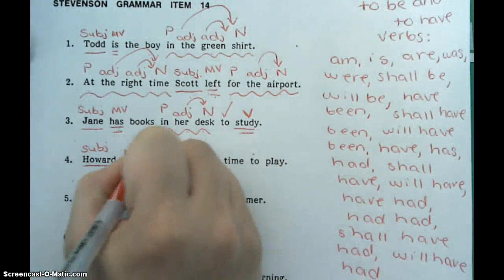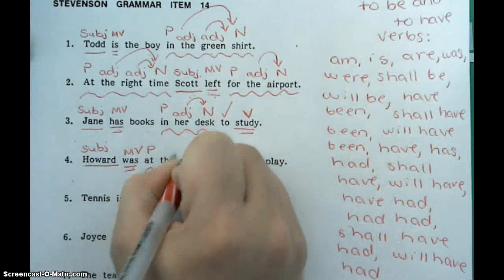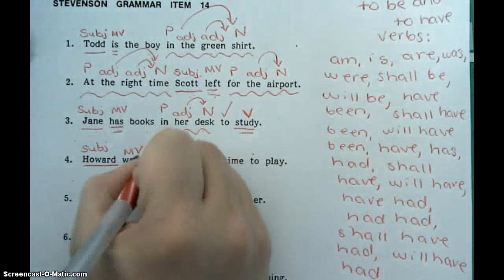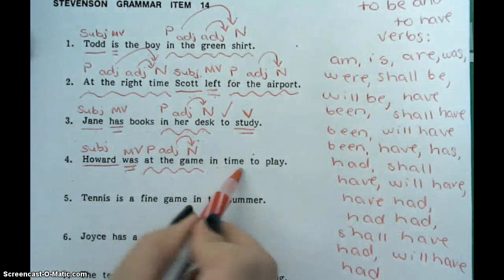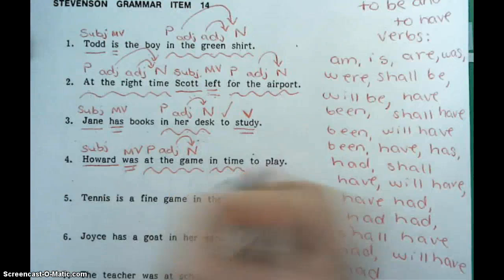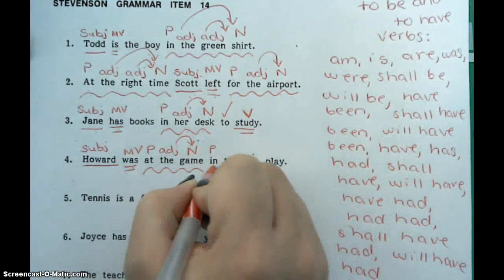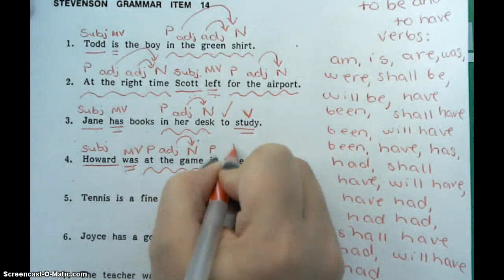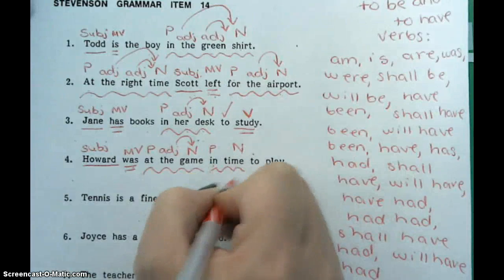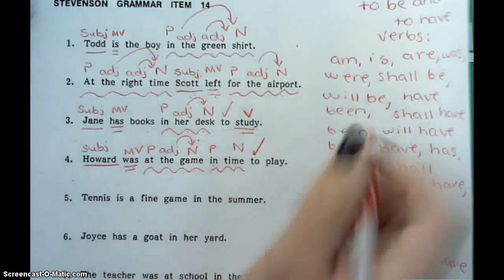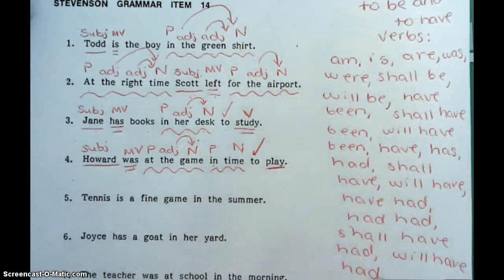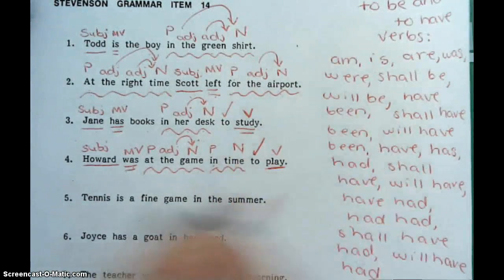I'm going to put P for preposition, N for game, for noun, and then the is my adjective. In time is also a prepositional phrase. P for preposition, for in, noun is time. To play is a verb phrase that shows action, so we're going to check it off. We're actually just going to do one underline for the verb.